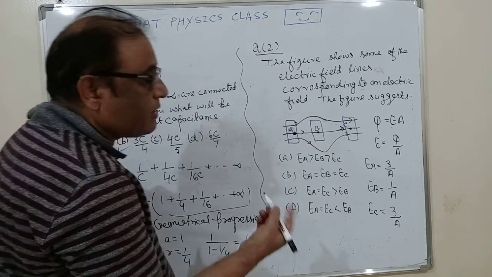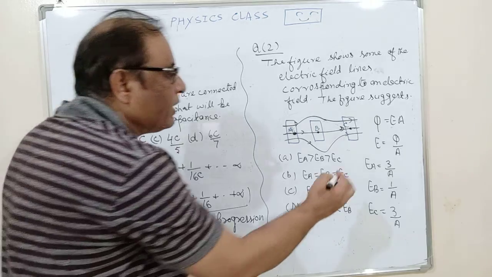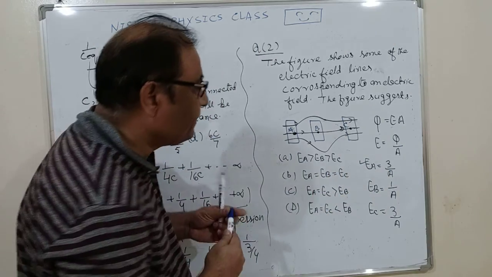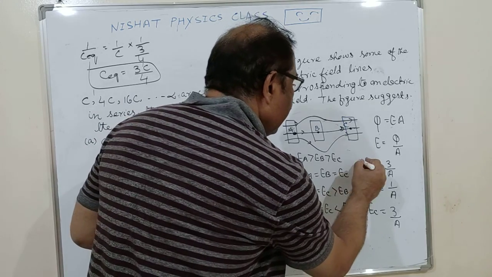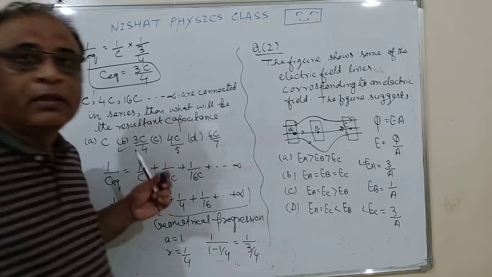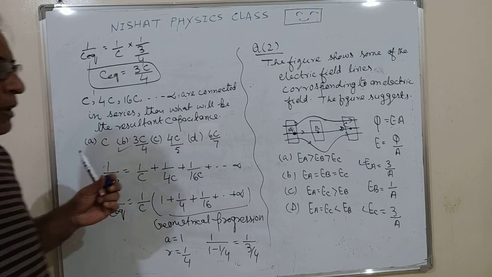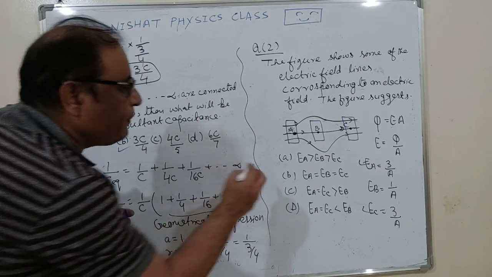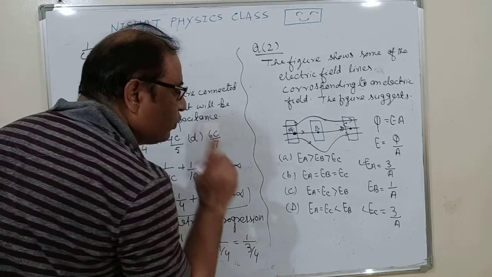Just find out: EA equal to EC. EB is not the same. It means the option is either B or C; there are only two options.